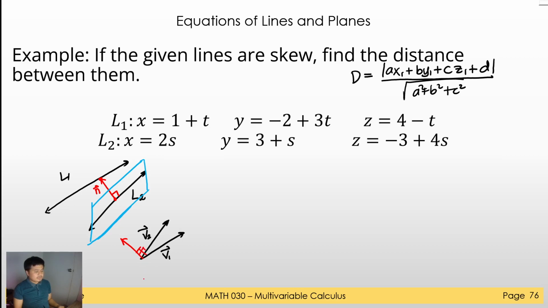So orthogonal to this, orthogonal to that, will be the cross product of V1 and V2. Okay? So we want to find the vector 1, vector 2, and then find the cross product, we will find the orthogonal vector. So how do we find the equation of a plane?